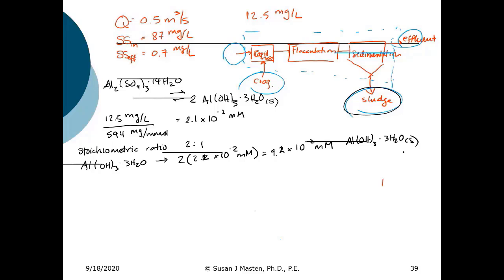So that's the amount of solid. And we're assuming here that we actually have exceeded the solubility, so we're assuming we're precipitating all of that. We're going to multiply that by the molecular weight of the aluminum hydroxide. Again, remember you need to include the waters of hydration in calculating the molecular weight.